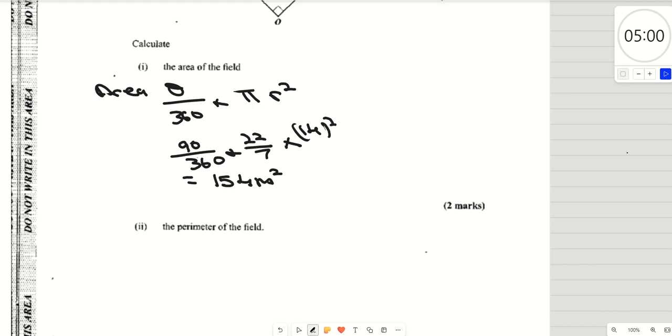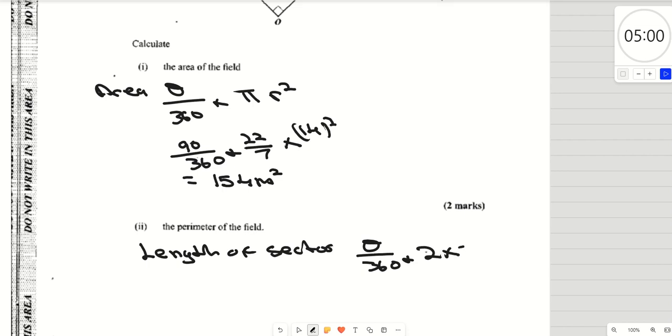Now, calculate the perimeter of the field. That is the length of your sector. So the length of your sector is equal to theta over 360 multiplied by 2 multiplied by pi multiplied by r, which is 90 over 360 multiplied by 2 multiplied by 22 over 7 multiplied by r, which is 14.